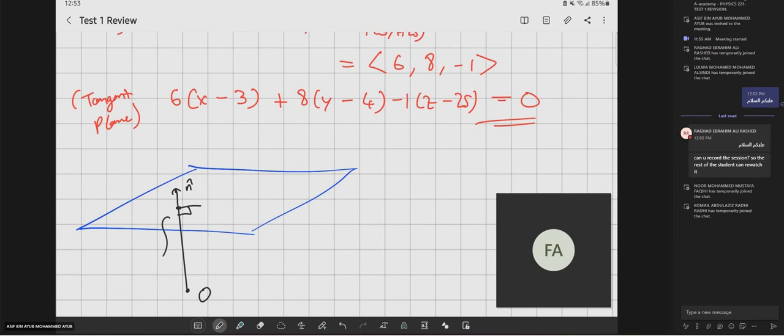The distance, this distance d, is constant, right? Suppose I have a 3D coordinate, and if I have some plane like this, and if I construct a normal to the plane, this distance will be constant.